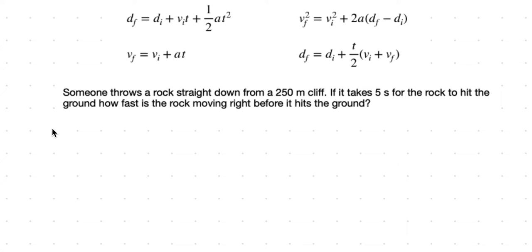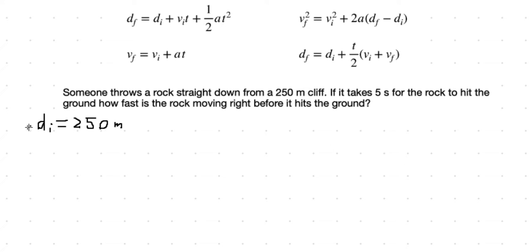So we can use the height of the cliff as our initial position then. So it's going to be your DI. So initially the rock is going to be at the top of the cliff at 250 meters.